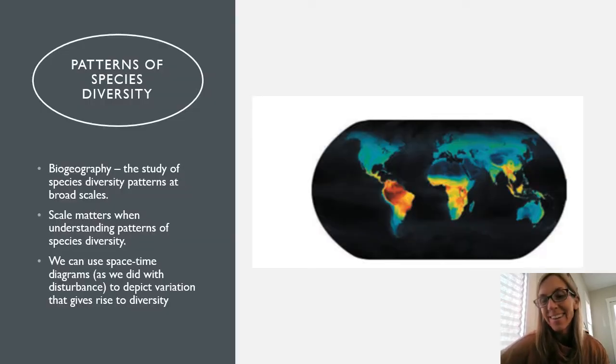At that broadest scale, the study of biogeography is the study of species diversity patterns at broad scales. And one thing we do now know is that scale matters when understanding patterns of species diversity.